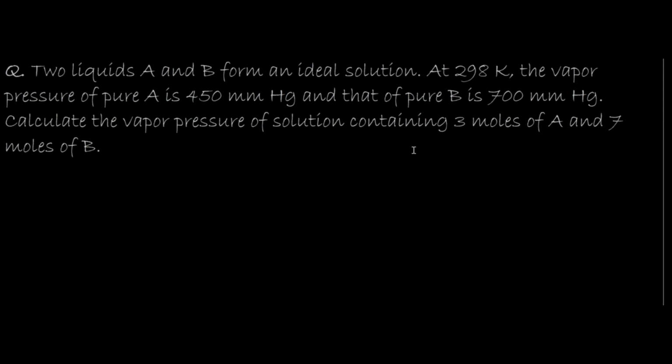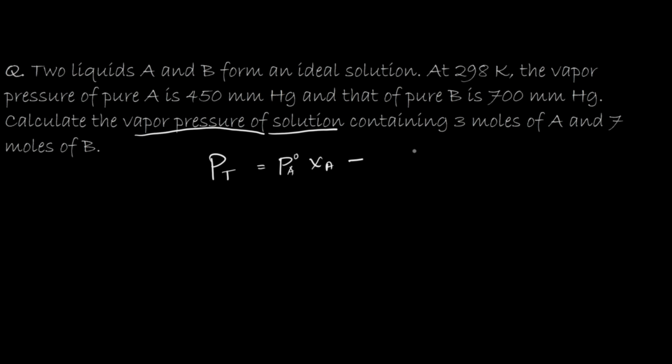They are asking for the vapor pressure of the solution. So P total is equal to PA0 into chi A plus PB0 into chi B. So what are the values we know?